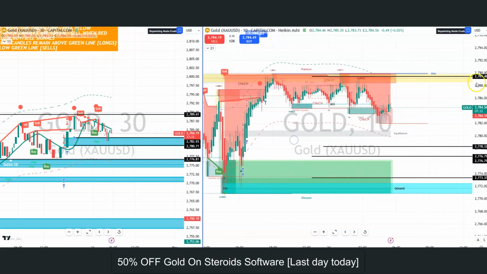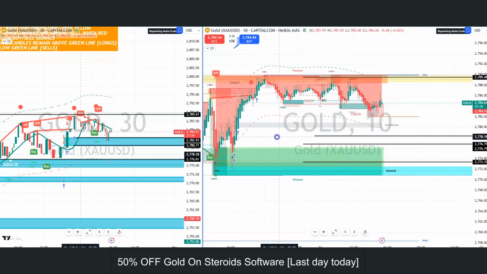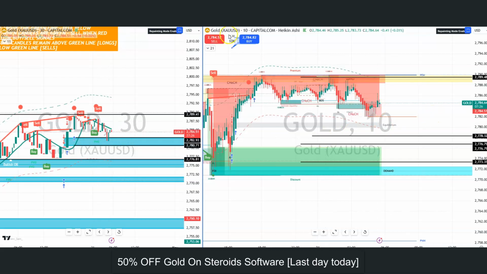So what's highly likely to happen today, because of the NFP tomorrow, is that the price is going to move up into this area here, and there's probably going to be a reaction here or here.